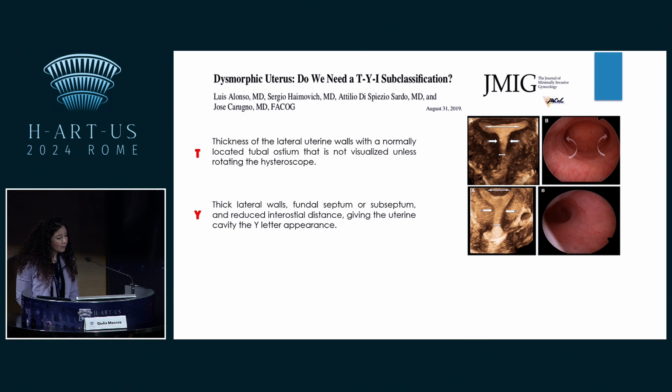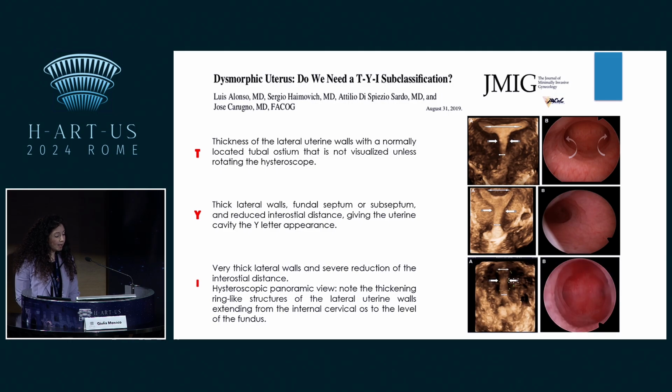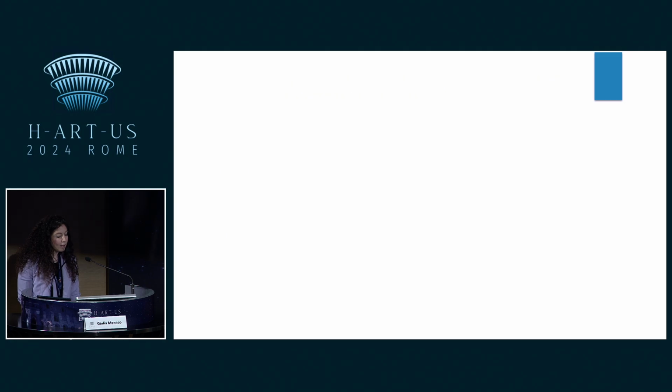Y-shaped, characterized by thick lateral walls, fundal septum or subseptum, and reduced interostial distance, giving the uterine cavity the Y-letter appearance. And I-shaped, characterized by very thick lateral walls and severe reduction of the interostial distance. In this panoramic hysteroscopic view, we can see the thickening ring-like structures of the lateral uterine walls extending from the internal cervical ostium to the level of the fundus.